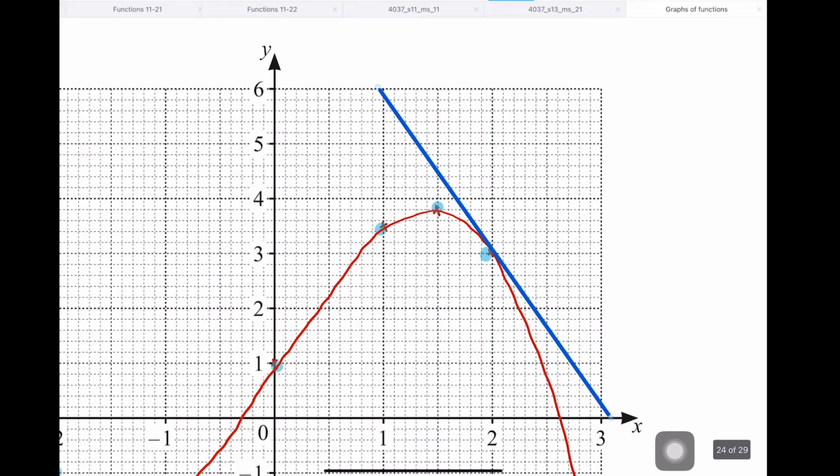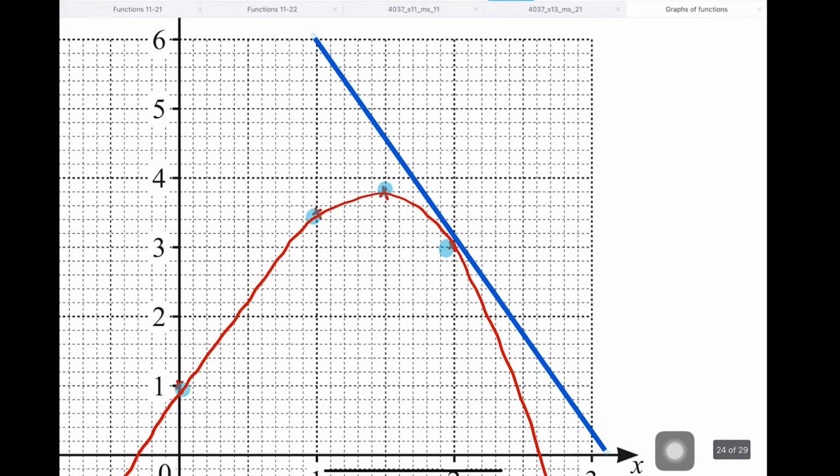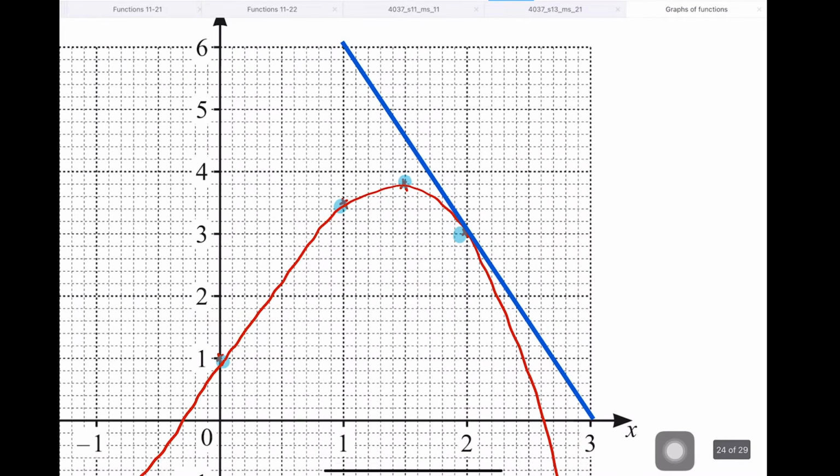Okay, so the tangent should represent the steepness of the curve at that point, which it is. Yeah, now it's better.